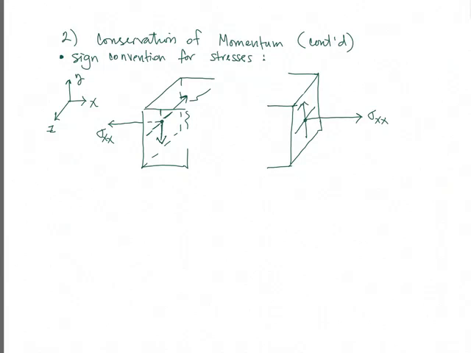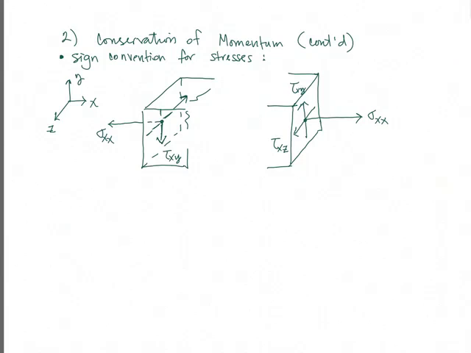This would be a positive tau xy, and this would be a positive tau xz. So this is tau xz, and this is tau xy. Here, notice that tau xy points in the negative coordinate direction, and it's considered positive because the outward normal points in the negative coordinate direction.